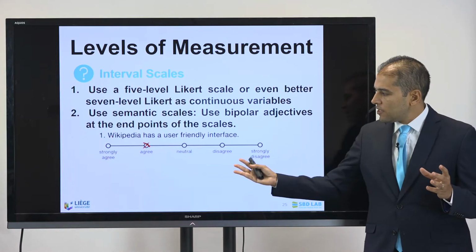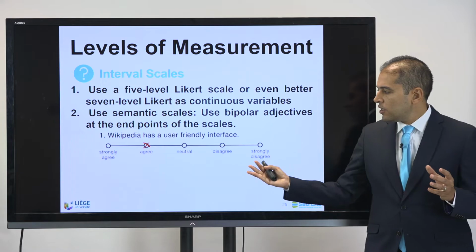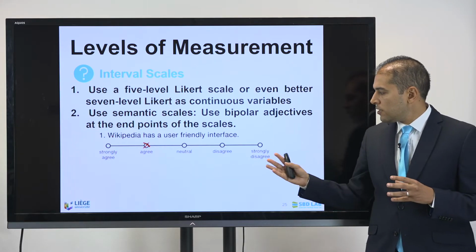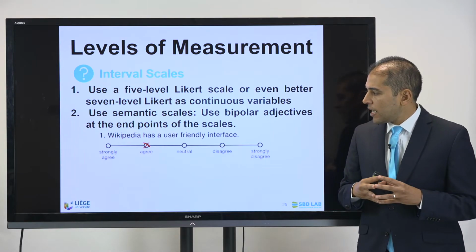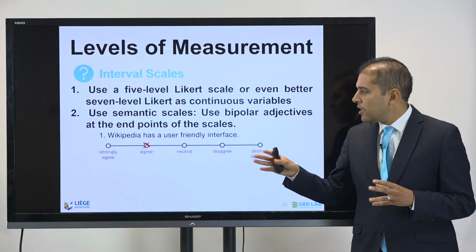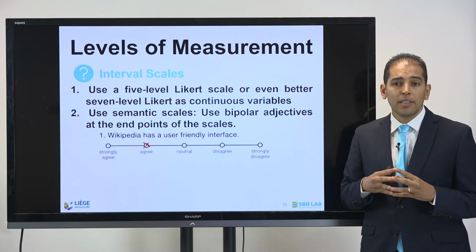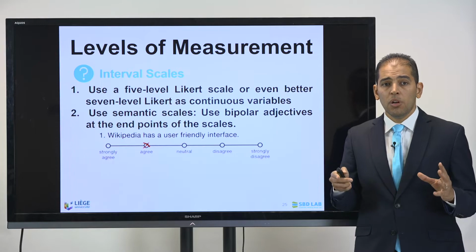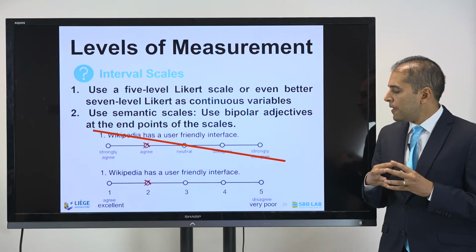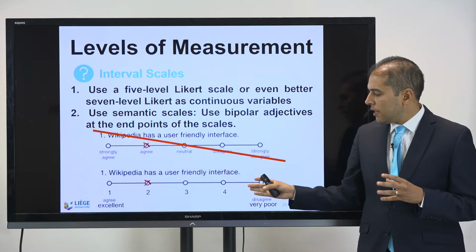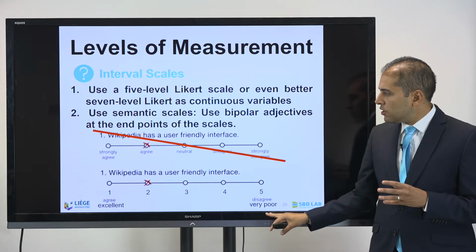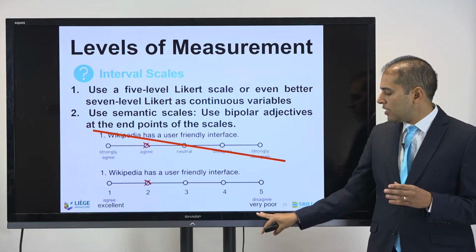So don't do like this example. Here you can see that the researcher defined 5 different scales, and for each scale they defined a semantic. This is not recommended at all. What is actually recommended is to have 5 Likert scales and just mention the extremes to have it bipolar adjective.